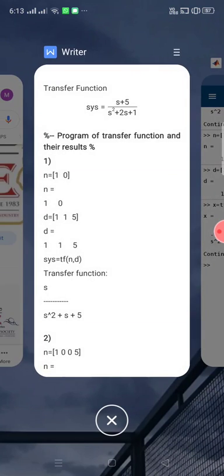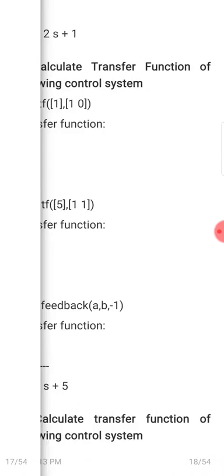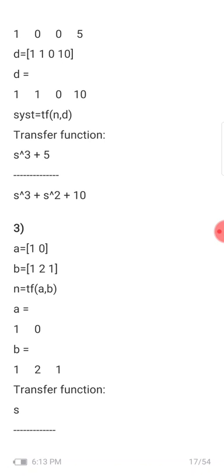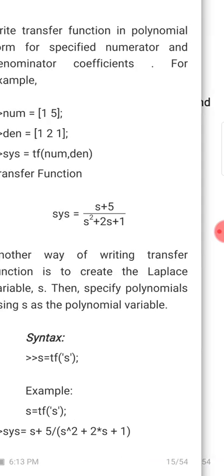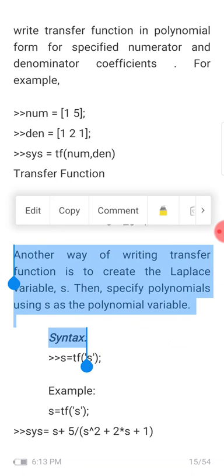Now see the next method to write the transfer function. See here, this is another way of writing transfer function with the help of variable s. For this, specify polynomials using s as the polynomial variable.